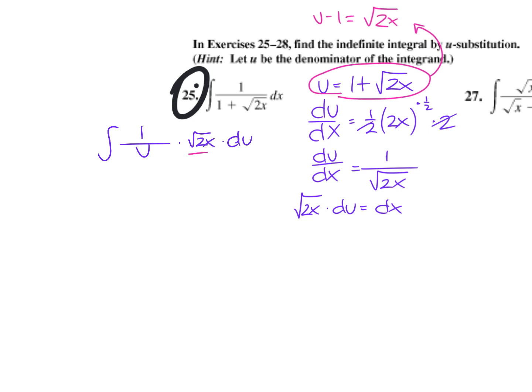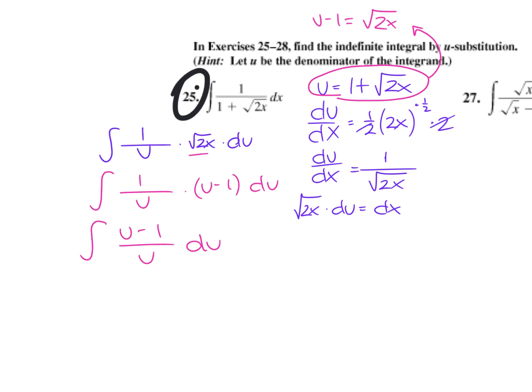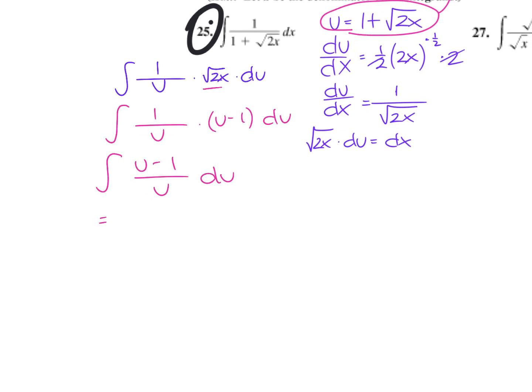Once I have that, I can put that in here, which is 1 over u times u minus 1 du. That u minus 1 would go on top, and so I would divide both of those by u. So that makes my integral 1 minus 1 over u du. And then I can just integrate from there normally.